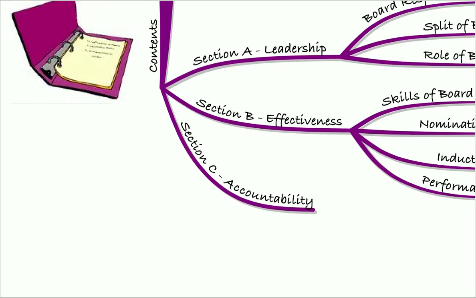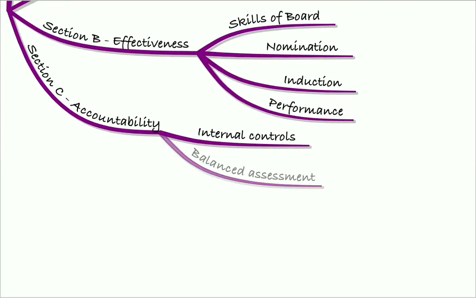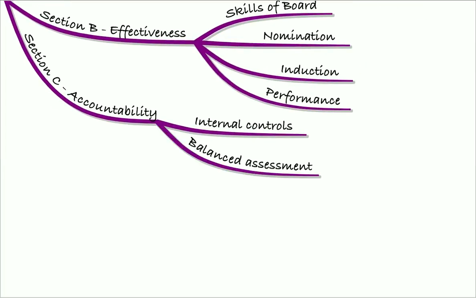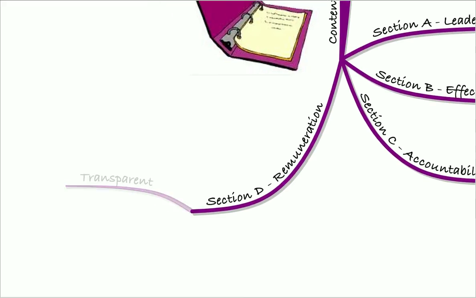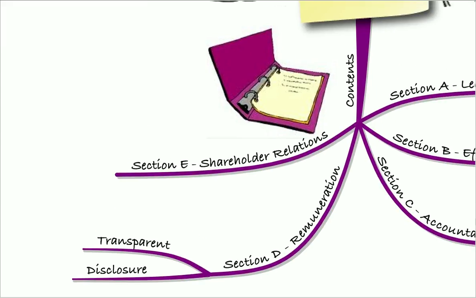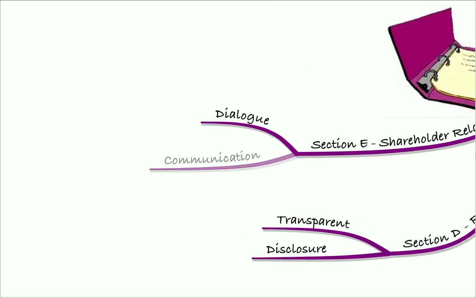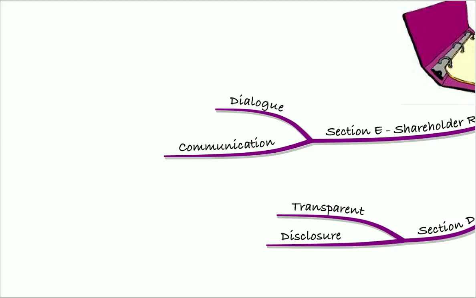Section C then moves on to accountability of the board, focusing on internal controls and making a balanced assessment of the business each year. Section D surrounds remuneration, which needs to be transparent and disclosed at all times. And Section E focuses on shareholder relations, particularly the dialogue between the company and its shareholders and communication to shareholders and stakeholders alike.